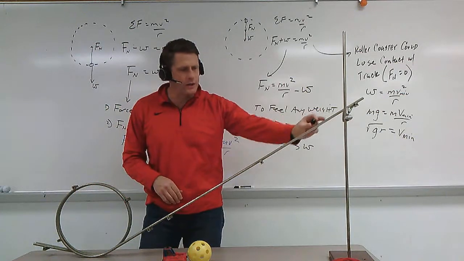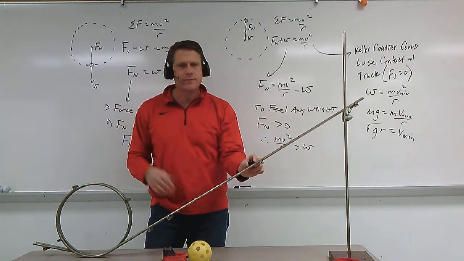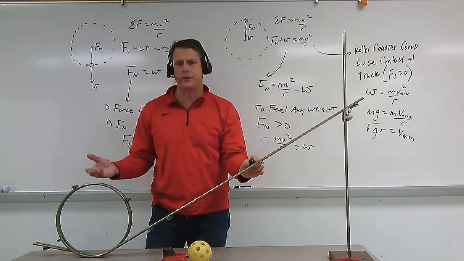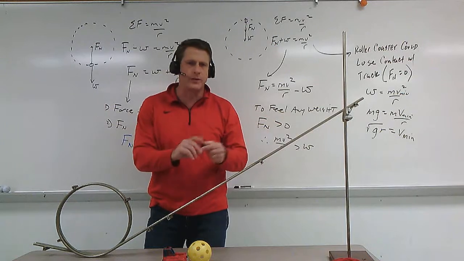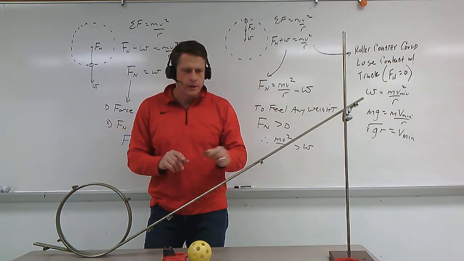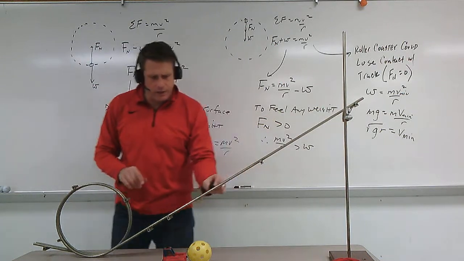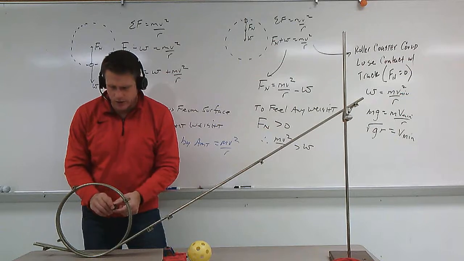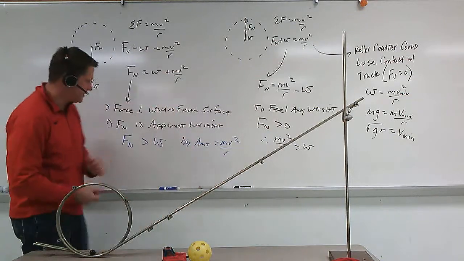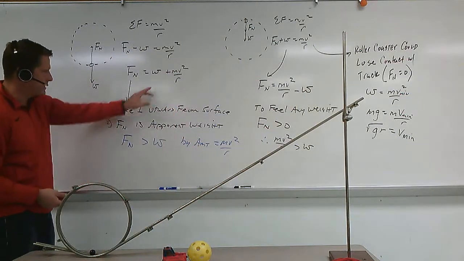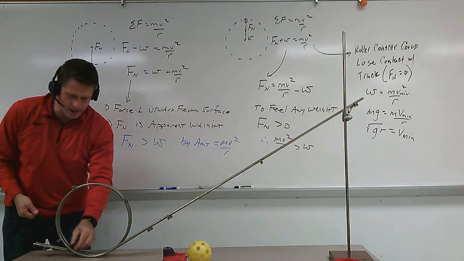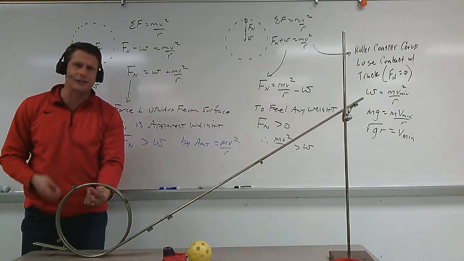Now, of course, as I lower this down, it's not going to be going as fast around the circle, and we'll get to the reason for that in a couple weeks. But when this ball comes down, right here, it experiences a normal force that's greater than its weight. Up here, it experiences a normal force that's less than its weight.